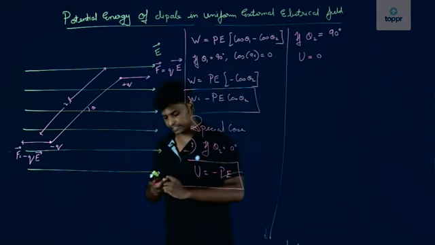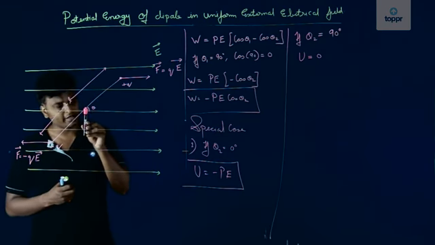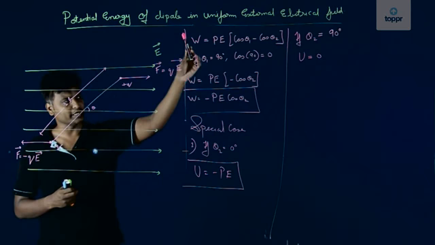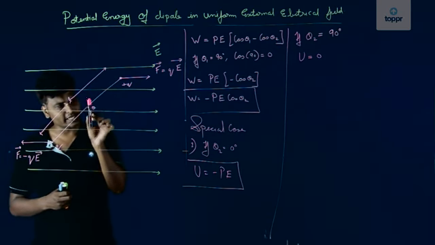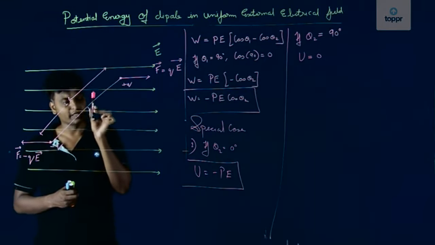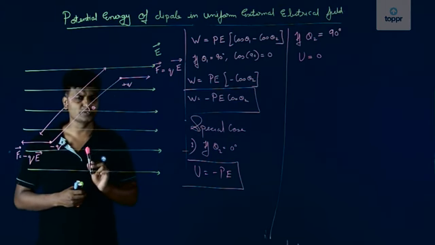So this indicates that if, for example, I am bringing an electric dipole from infinity into an external electrical field and placing this dipole perpendicular to the external electrical field, the work done will be equal to 0. How is it so?